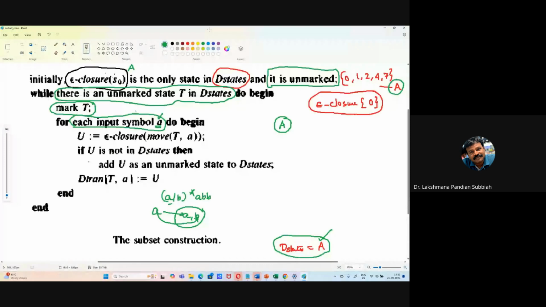First you take one input symbol, so you move A comma a. So from A by input symbol a, this function returns 3 comma 8, because 2 to 3 we have a transition and 7 to 8 we have a transition by a in the NFA. So 3 comma 8, right? Now what you have to do is, in turn, we are calling the function.